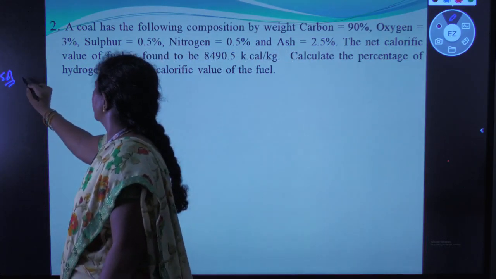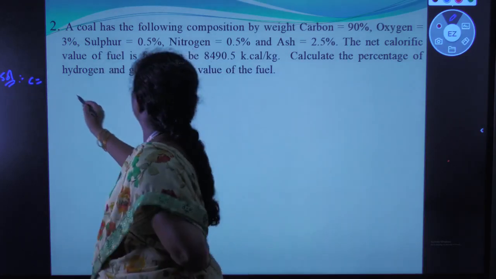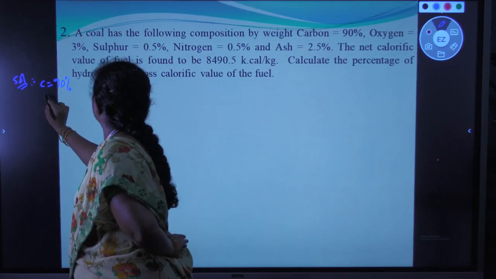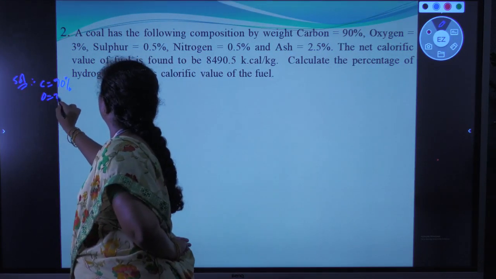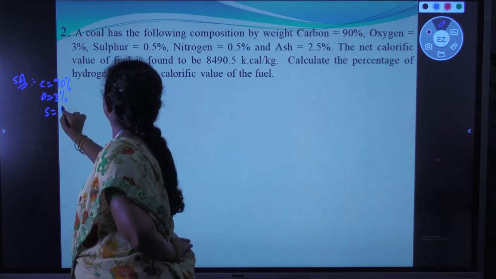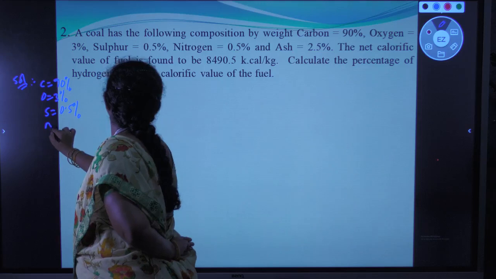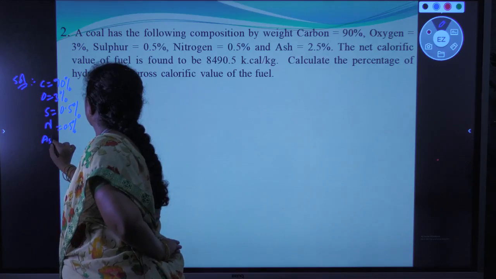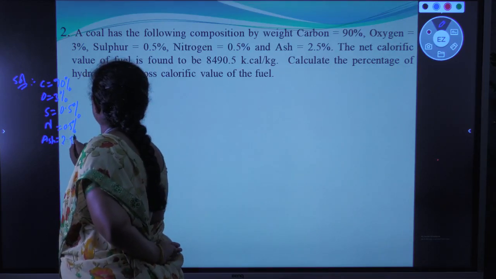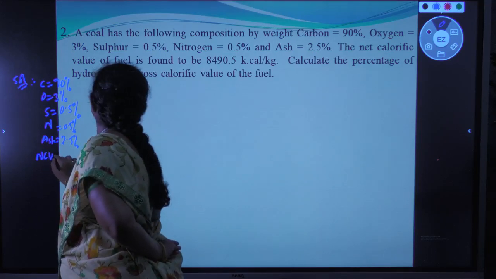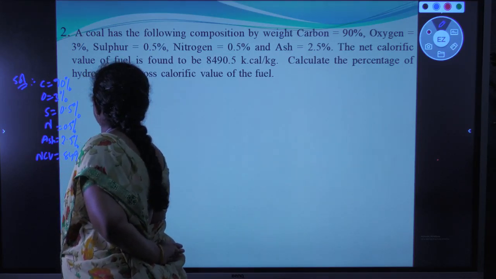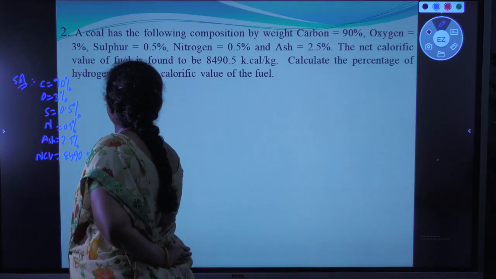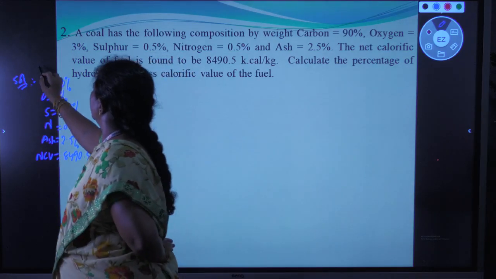The given data is carbon 90%, oxygen 3%, sulfur 0.5%, nitrogen 0.5%, ash 2.5%, and NCV is 8490.5 kilocalorie per kilogram. So this is the given data.